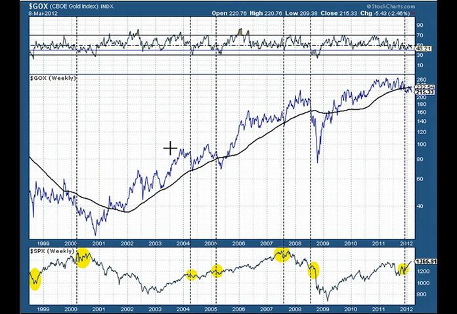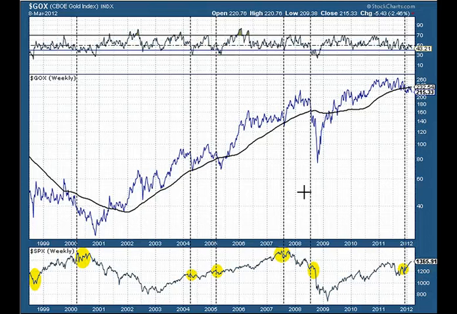If you have that combination of the RSI trading down to the 40 line and underneath, and the gold miner trading down to close to, touching, or underneath its 100-week moving average, there's only been a handful of those instances. When that happens, the market is either going down or is about to go down, and usually it's not an insignificant amount.